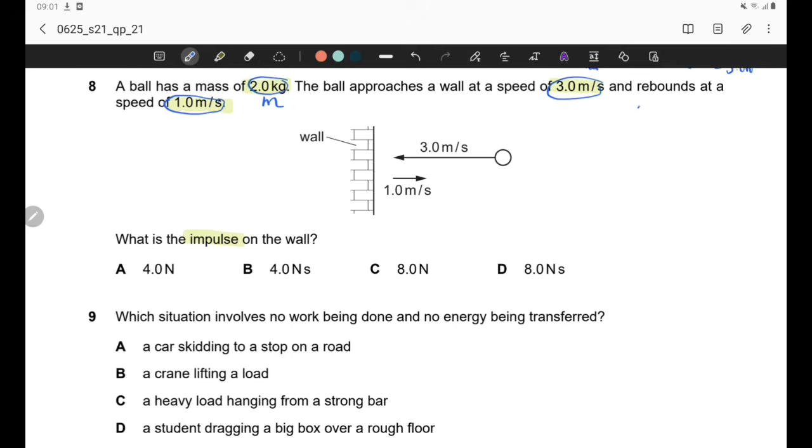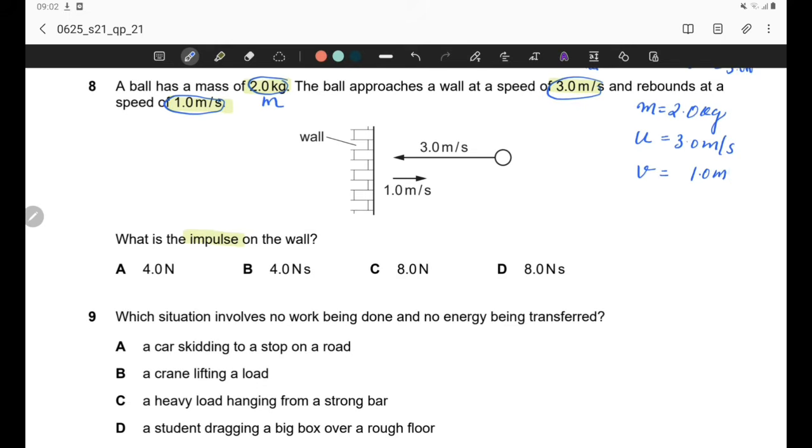So we have mass, that is 2 kg, and initial velocity, which we can represent with u, that is 3 meter per second, and after it rebounds its velocity decreased, and the final velocity is 1 meter per second.